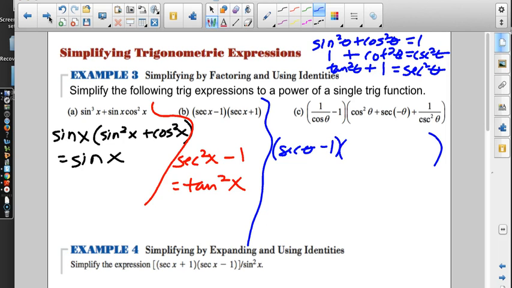Okay, then I've got cosine squared theta. That one's all right. Secant. Got a negative in there. Can we drop the negative with secant? Yeah, cosine is even, and that's a reciprocal. So it's just going to be secant of theta plus 1 over cosecant squared theta. That's it? It's sine squared theta? It is.